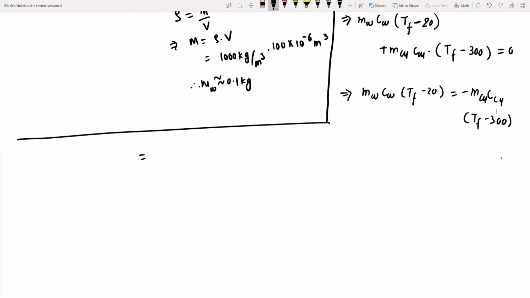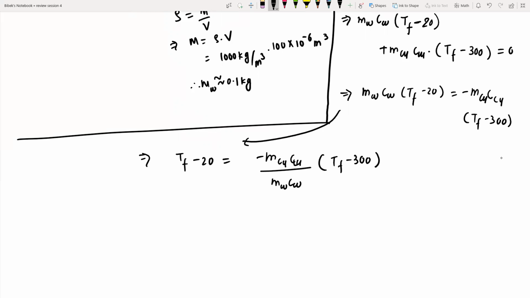We are solving for T final. So T final minus 20 will be, if I divide both sides by m w and c w, m Cu c Cu divided by m w c w, times T final minus 300, right?